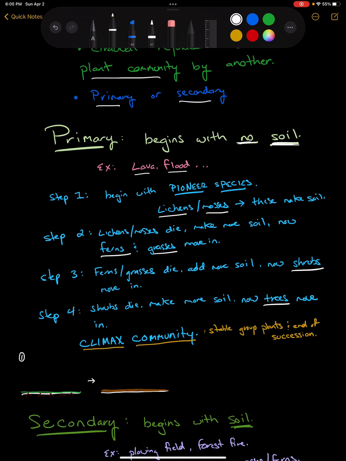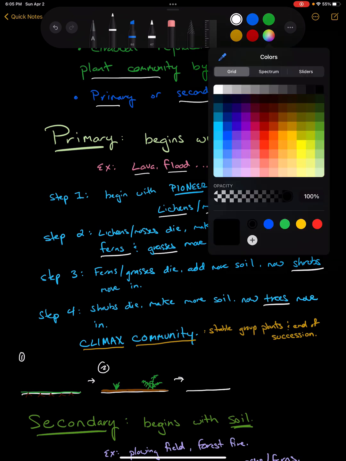And so now that I have that small layer of soil, I can have other things come in, like some grasses and maybe some ferns, right? They're not very big plants, so they don't need a lot of soil. But what's going to happen to these organisms, my grasses and my ferns, is they're also going to start to die.